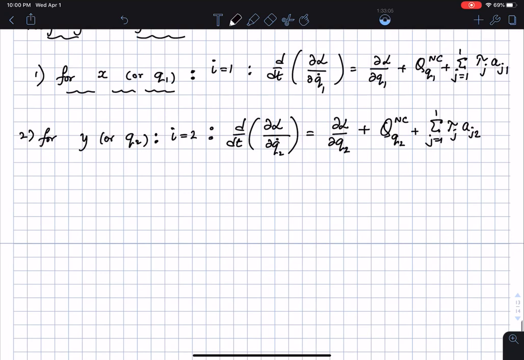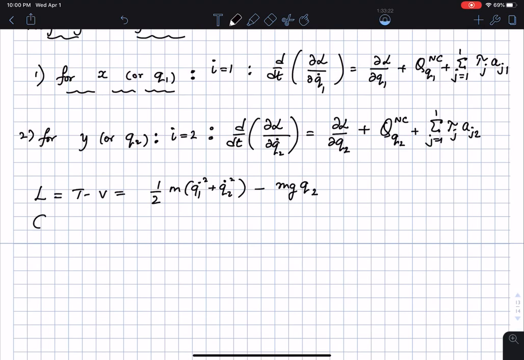Then I take these equations and say the Lagrangian L is T minus V, which is half m (q1 dot squared plus q2 dot squared) minus m g q2.